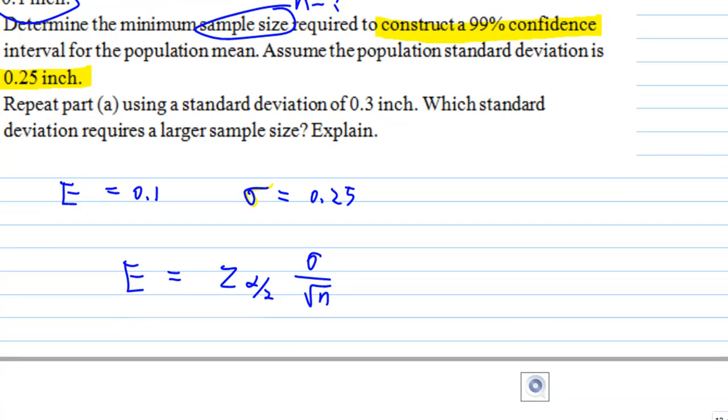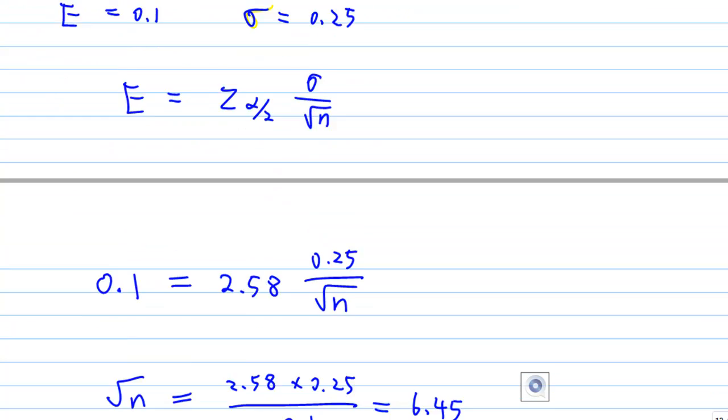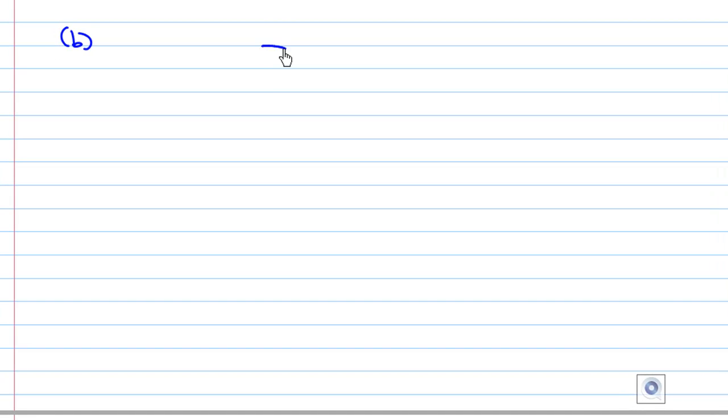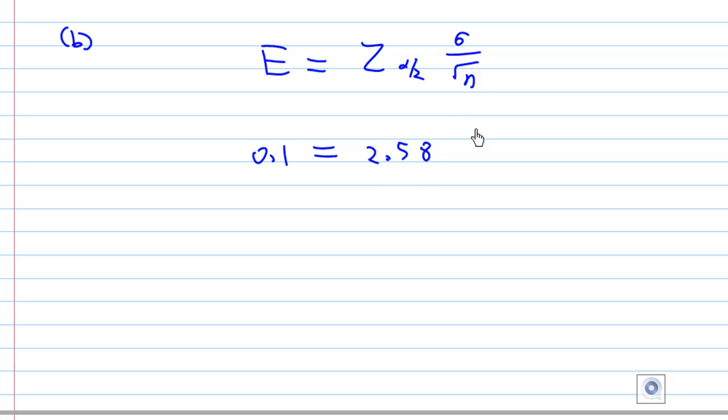Now, part B, what if the standard deviation is 0.3? And what will the sample size be? So for part B, E is still the same, Z alpha over 2 sigma over square root n. Now, E is 0.1, Z alpha over 2 is 2.58, and sigma, instead of 0.25, is now 0.3.